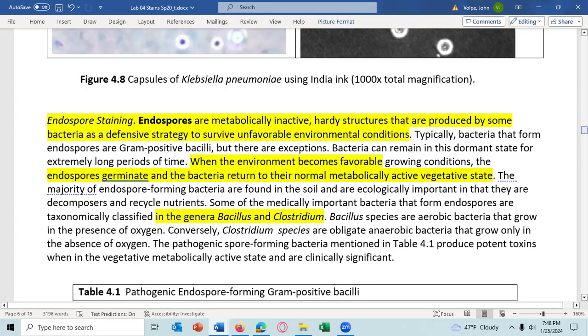And to my knowledge, it doesn't have any biochemical reactions going on in the cytoplasm proper. But my guess is there probably are some things that happen.